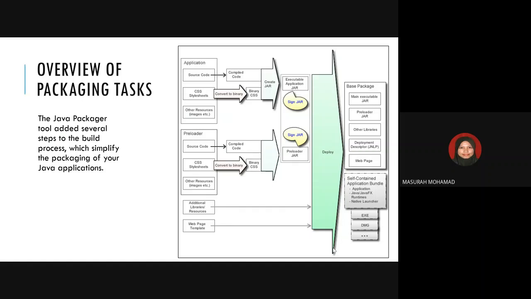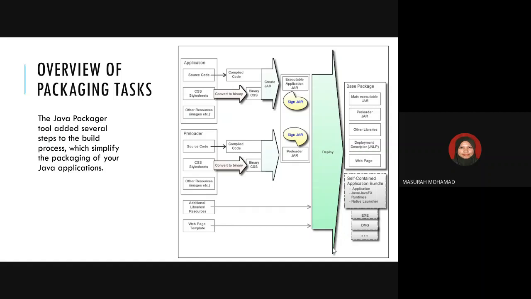As you can see there, your application consists of source code, the CSS, and other resources such as images or music or sound, or maybe a database. And then all of this needs to be converted to binary and go through some processes, compile the code, then one jar package will be created.